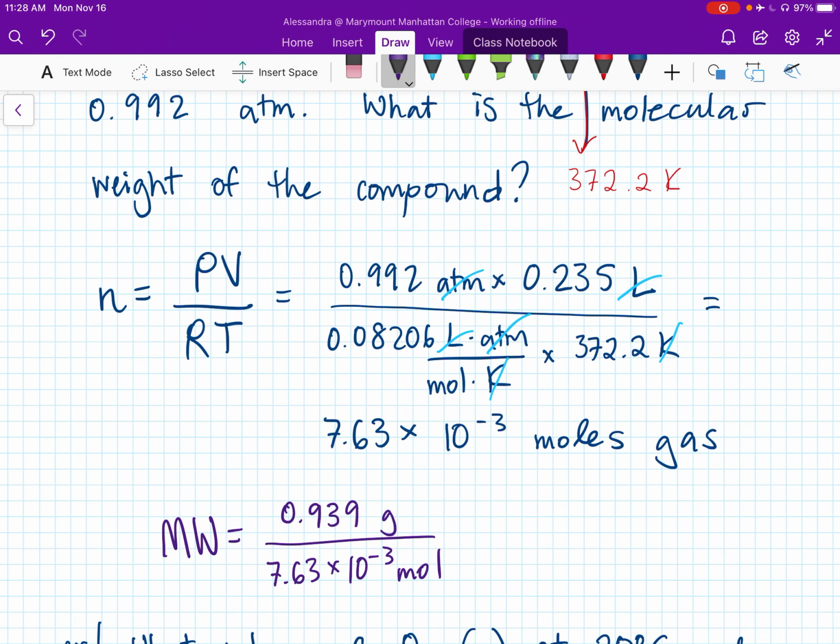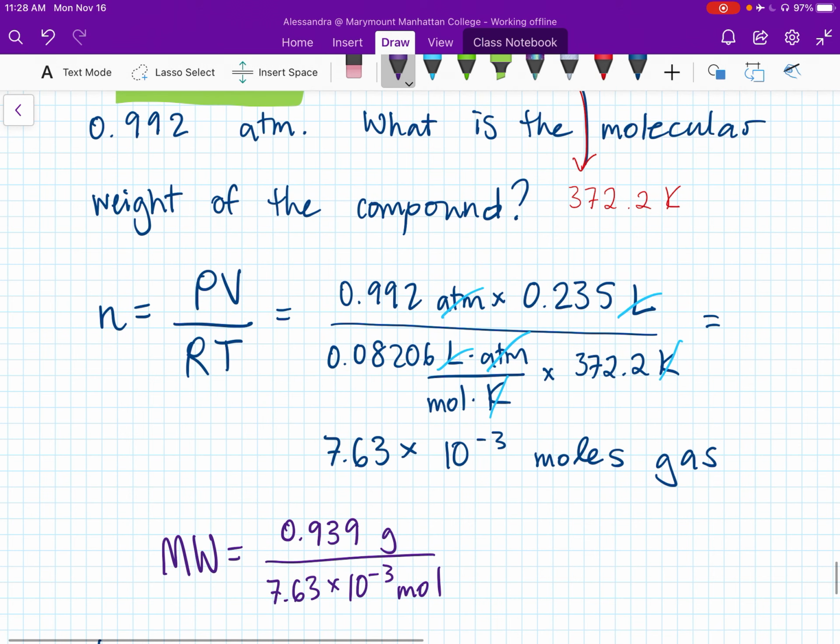Remember, molecular weight is in grams per mole. So this gives me a molecular weight for that mystery compound of 123 grams per mole. So there I exploited the ideal gas law to figure out a molecular weight.